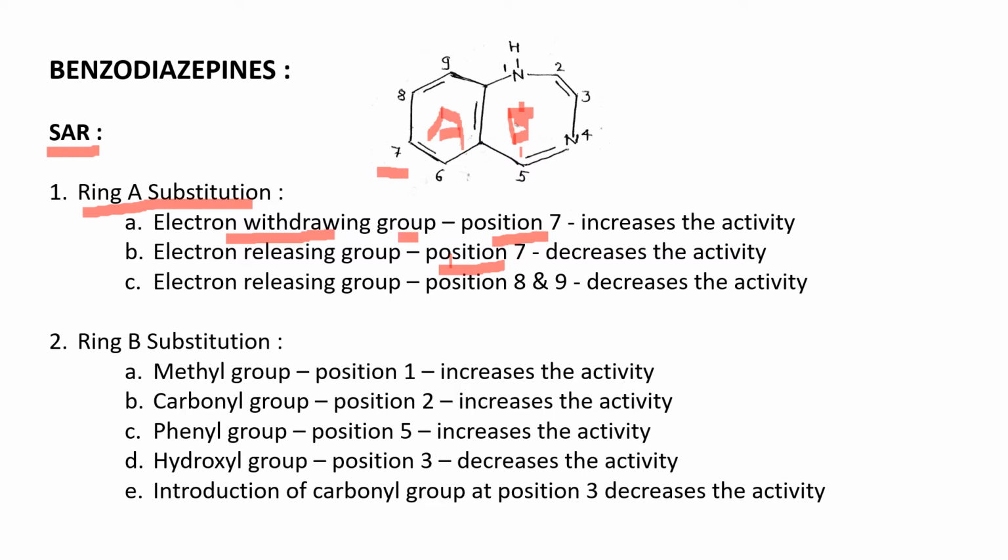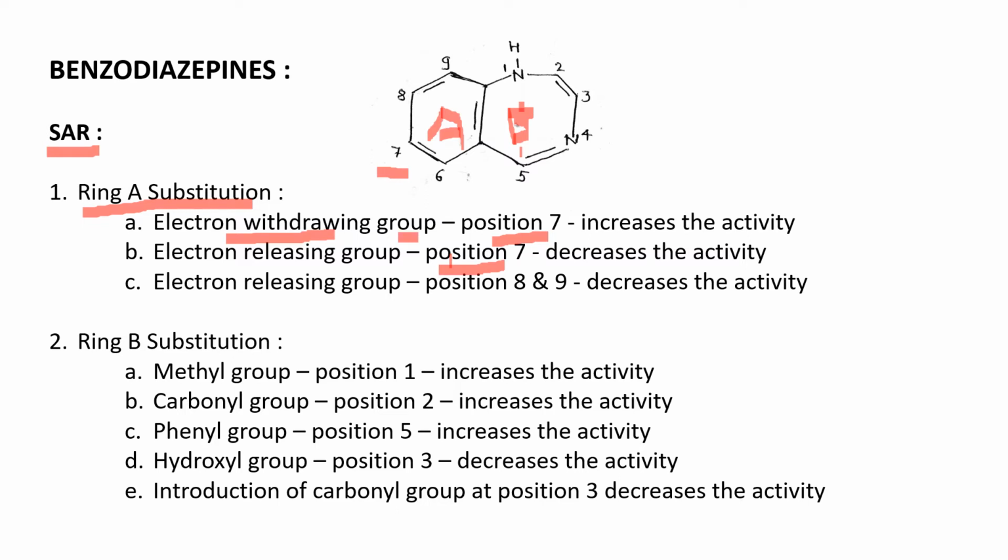Electron withdrawing means those who are accepting the electrons, and electron releasing means those who are donating the electrons, they are known as electron releasing groups.